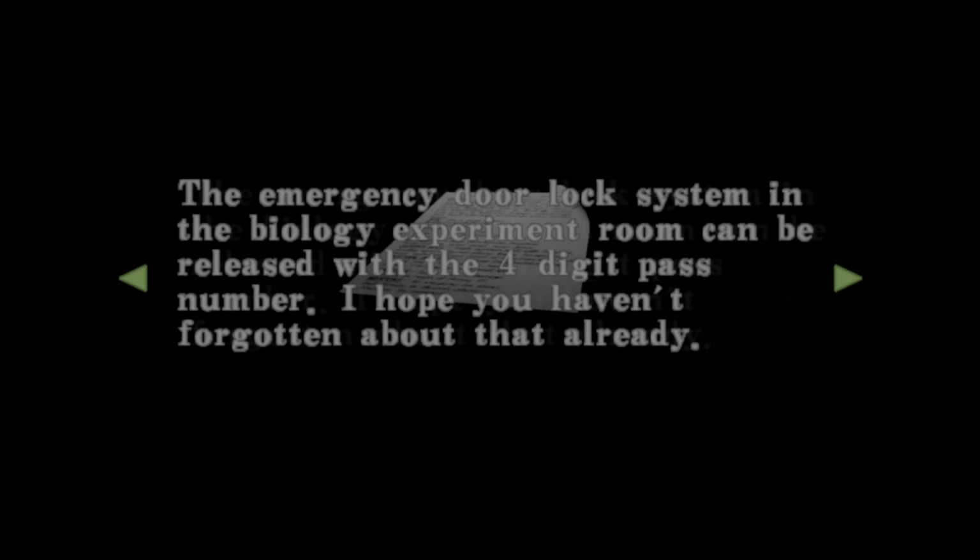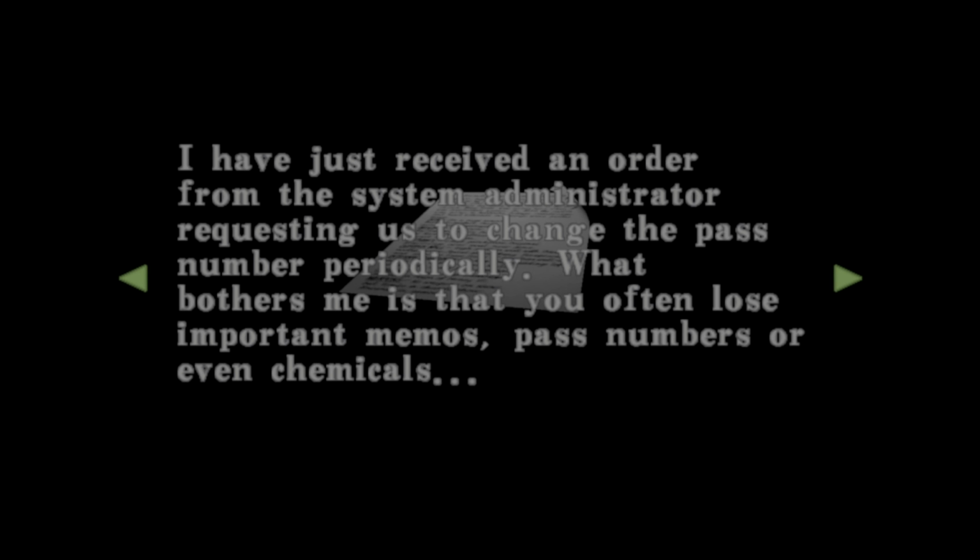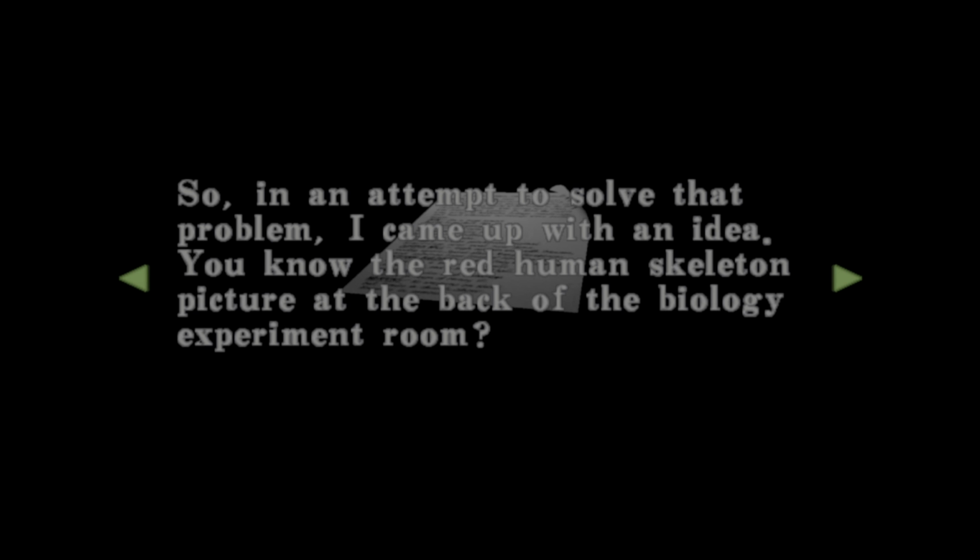Memo on the pass number. In other words, puzzle solution. The emergency door lock system in the biology experiment room can be released with a 4-digit pass number. I hope you haven't already forgotten about that, alright? I just received an order from the system administrator requesting us to change the pass number periodically. What bothers me is that you often lose important memos, pass numbers, or even chemicals.